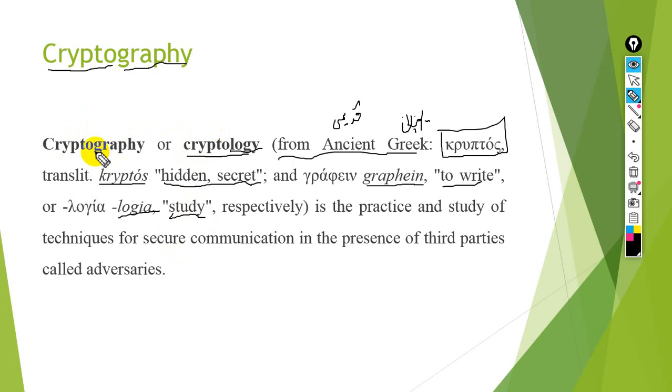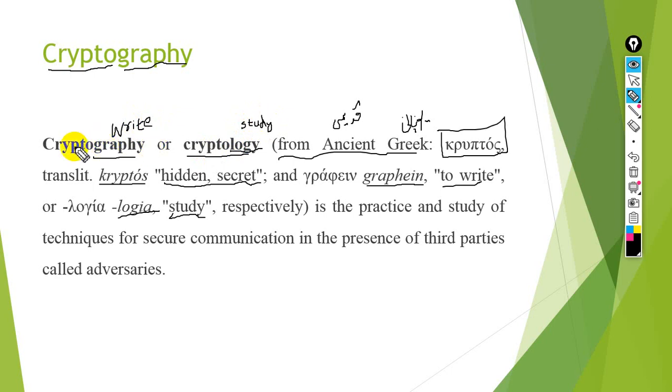The only difference is graphy means to write, and logia means to study. So in one we are studying and in the second we are writing.